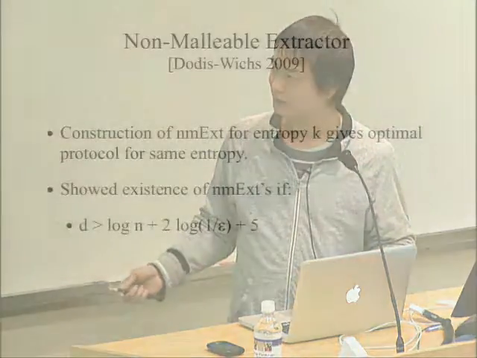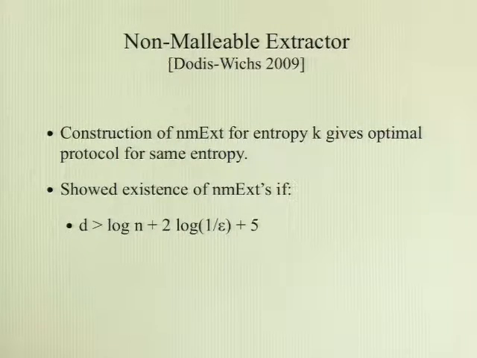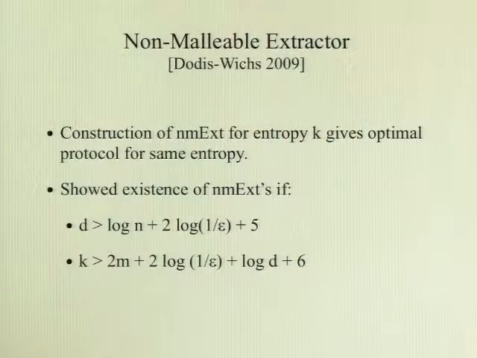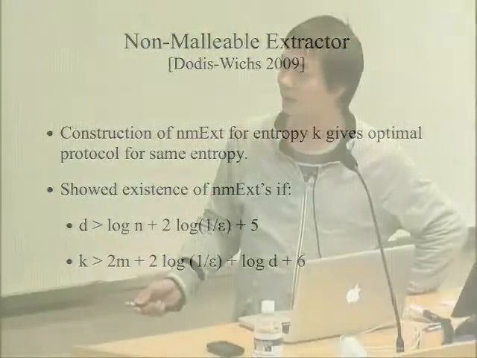But they showed that they indeed exist. And you can use a seed length d similar to that of a strong seed extractor, as small as log n here. And then you can extract up to m equal to k over 2. If you ignore the other terms, you can extract up to k over 2 bits.